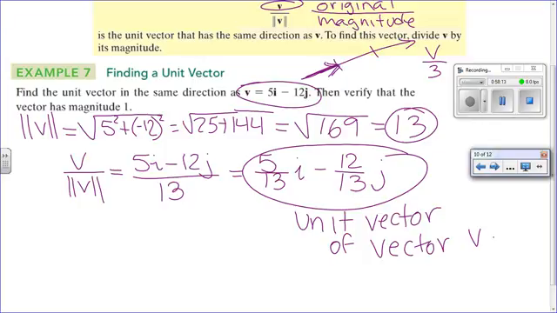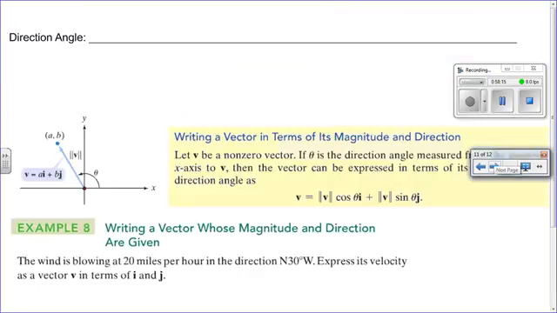Okay, so next one. So direction angle. So let's see.